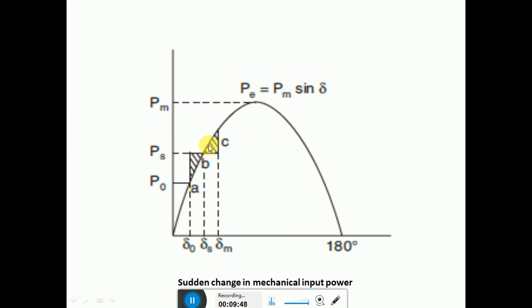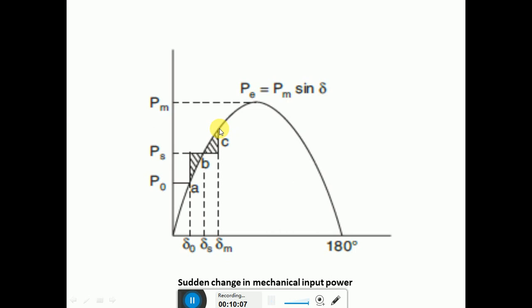Once it reduces, it will again reach synchronous speed. So at point A and point C the machine is running at synchronous speed, and at point B the machine speed will be more than the synchronous speed, or above the synchronous speed, while we are going from this side to that side.